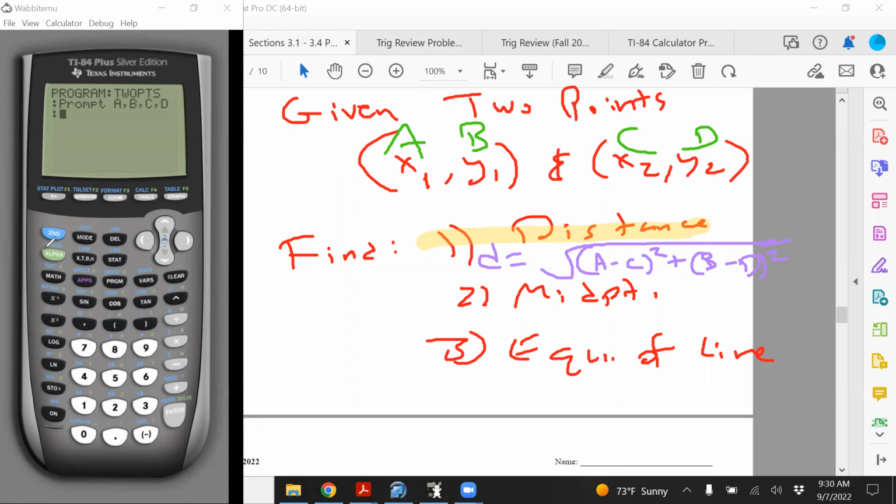So we've got to type it in. Be very careful. You're going to do square root. I'm going to put double parentheses. Alpha A minus alpha C. Nope, alpha C squared. At the end, we're going to store it, and we're going to call it a different letter.